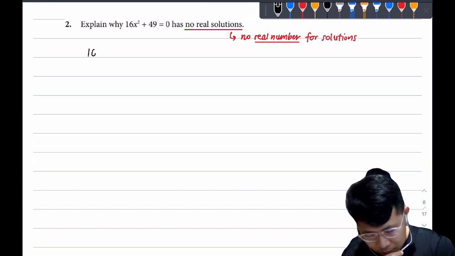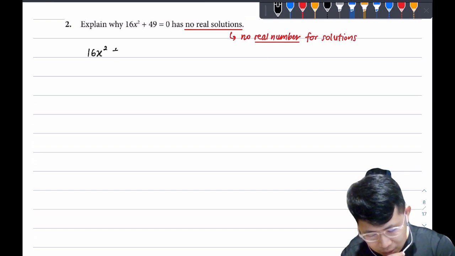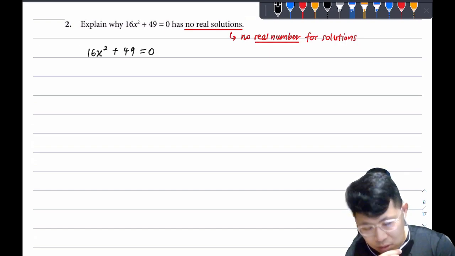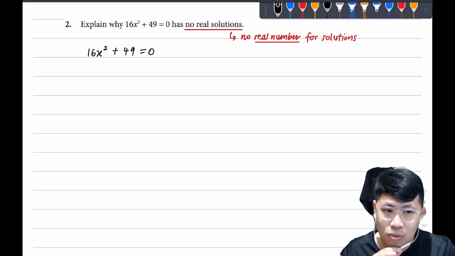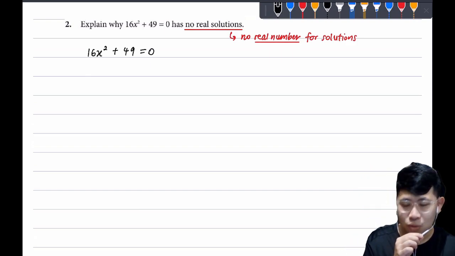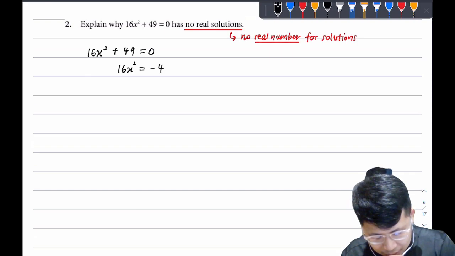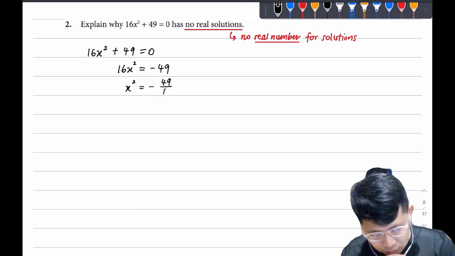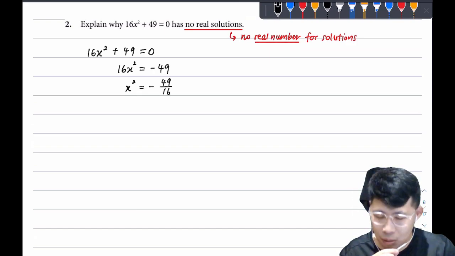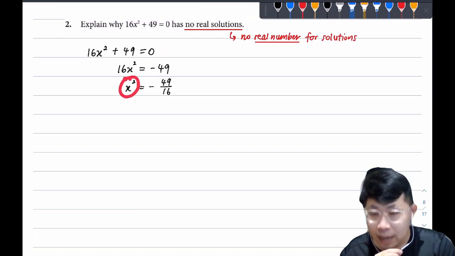Now let's observe this and see. So we have 16x squared plus 49 equals 0. So let's attempt to solve this, right? So we have 16x squared is equal to negative 49. Alright? So x squared is going to be negative 49 over 16. Now observe, this is x squared.